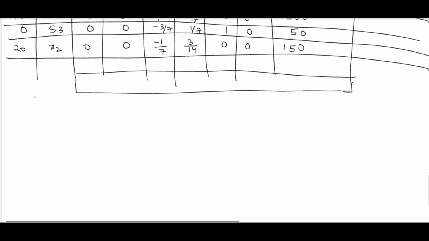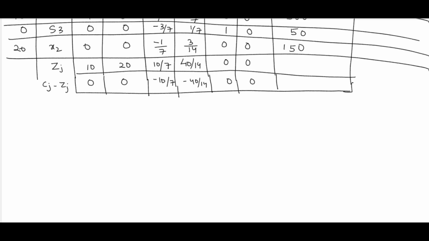Zj, then Cj minus Zj. If you solve it: 20, 10 by 7, 40 by 14, 0, 0. Then 0, 0, minus 10 by 7, minus 40 by 14, then 0, 0.